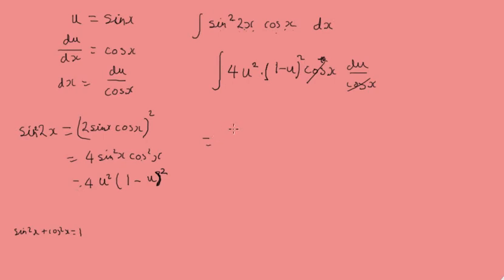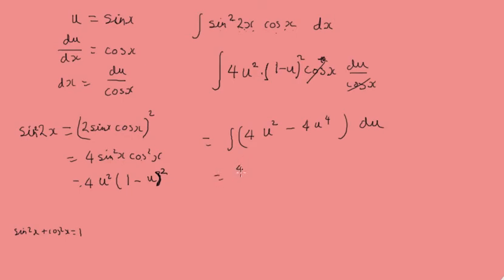Then we can tidy this up and get 4u squared minus 4u to the power of 4 if you substitute and open brackets, etc. And that's all du, and that's a nice easy thing for us to integrate.